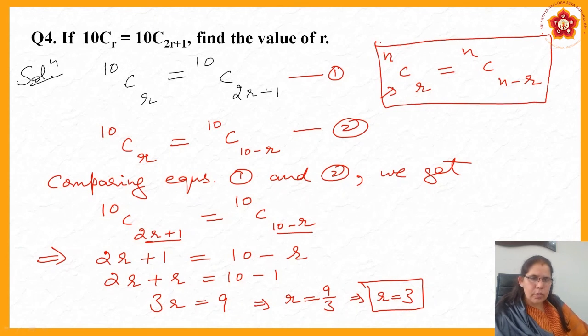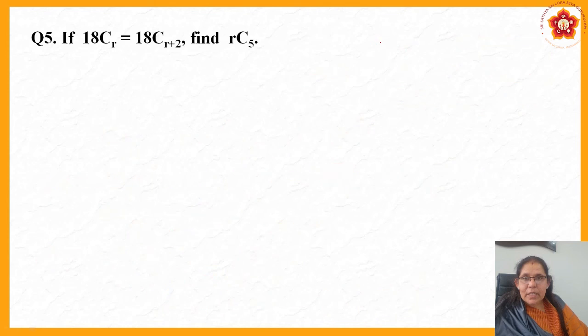And we have used this relation, NCR is equal to NC n minus R. The value of n as well as the value of R has to be positive, because we are choosing R objects out of n objects. So both numbers have to be positive.